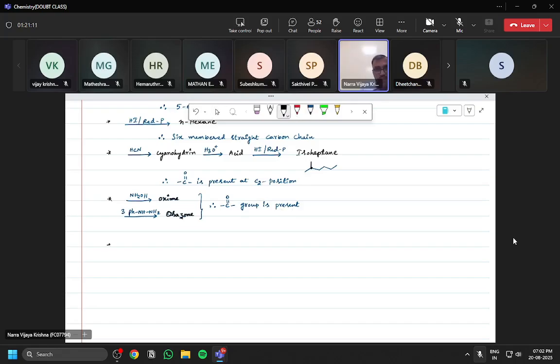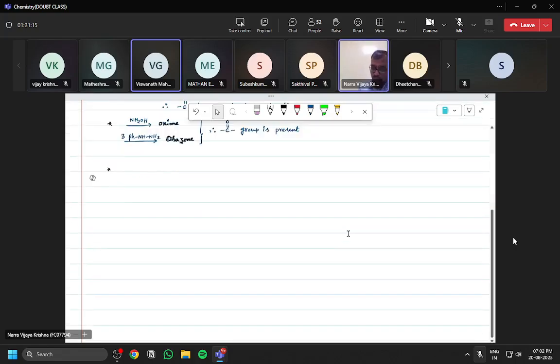Sir, can you explain that HCN reaction alone, sir? Okay. I am taking glucose. I am allowing it to react with HCN, H plus and CN minus. CN minus attacks here, making this bond shift, and H plus now goes to oxygen.